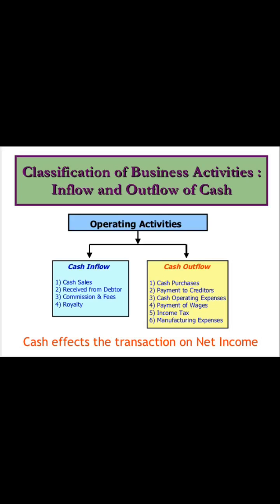By the cash purchase. That means, just similar to the cash sales, if a firm purchases some material, some goods from some other party, then payment has to be made, and if the payment is done in cash, then definitely it will decrease the cash in the firm, or we may say that this would be a cash outflow.